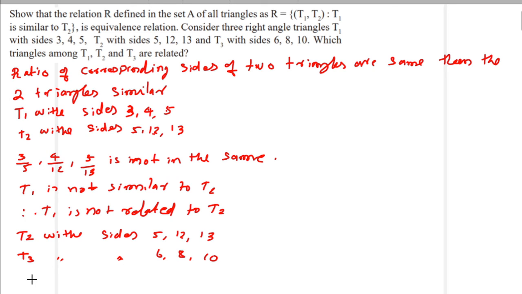So here also the ratios 5 by 6, 12 by 8, 13 by 10 are not in the same ratio. Therefore, T2 is not similar to T3.